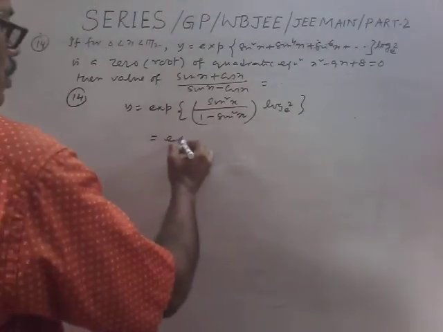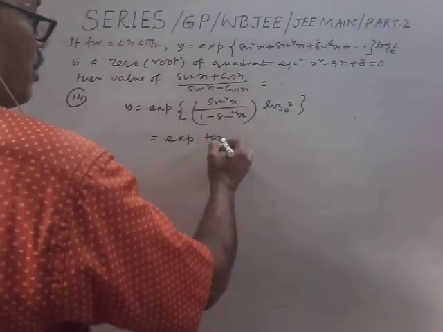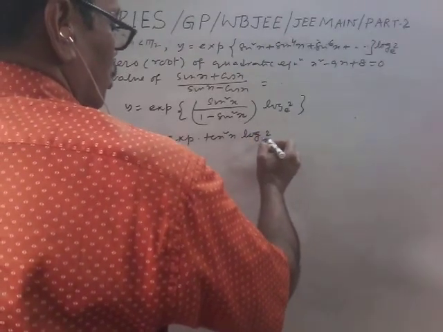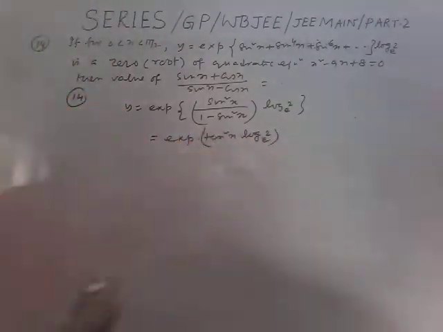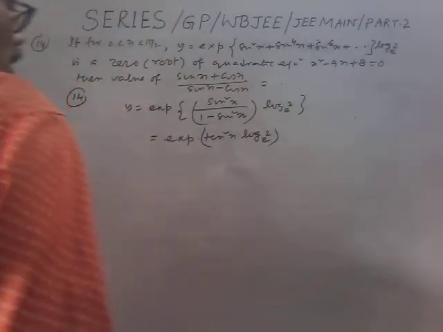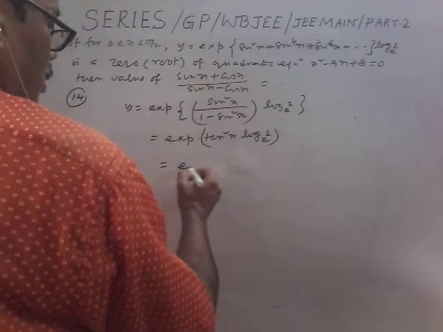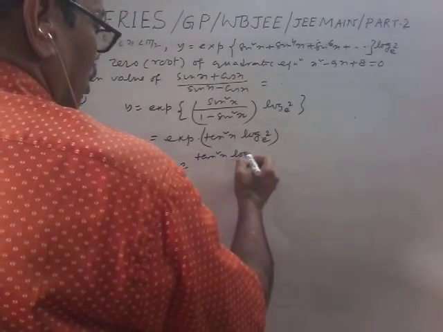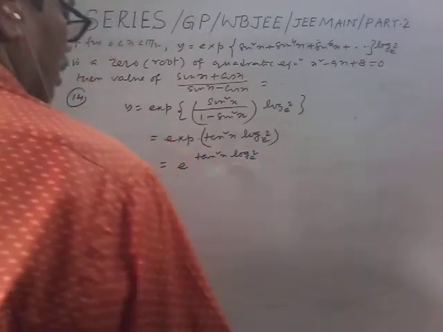So this is exponential tan square x into log 2 base e. So actually it is e to the power tan square x log 2 base e.